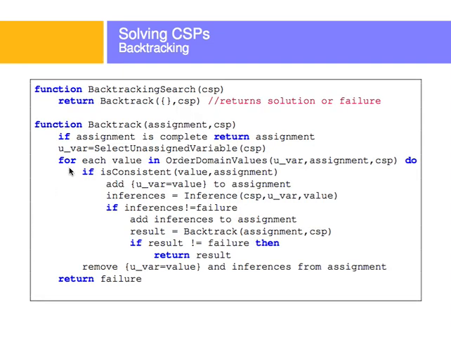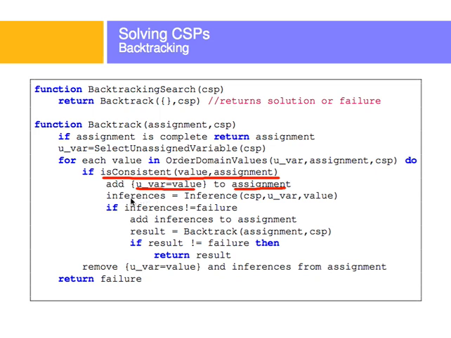All right. So the algorithm for backtracking is basically a depth first visit on the assignments. But here are the important lines. If the value is consistent with the assignment, then we add this value to the assignment.